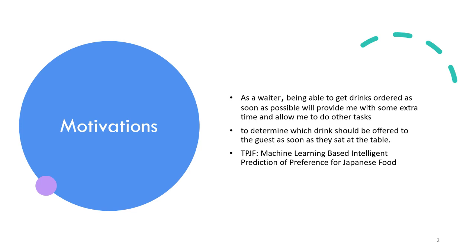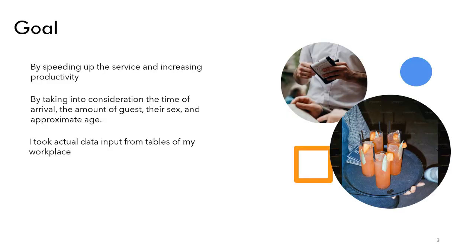What I want to do is to have an efficient program that determines what drinks people order when they sit. My program is based on a similar one that used machine learning to determine how likely people were to like Japanese food.